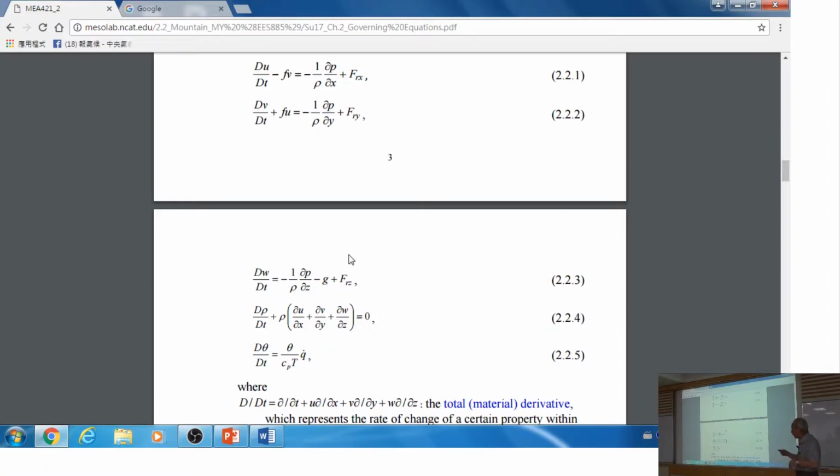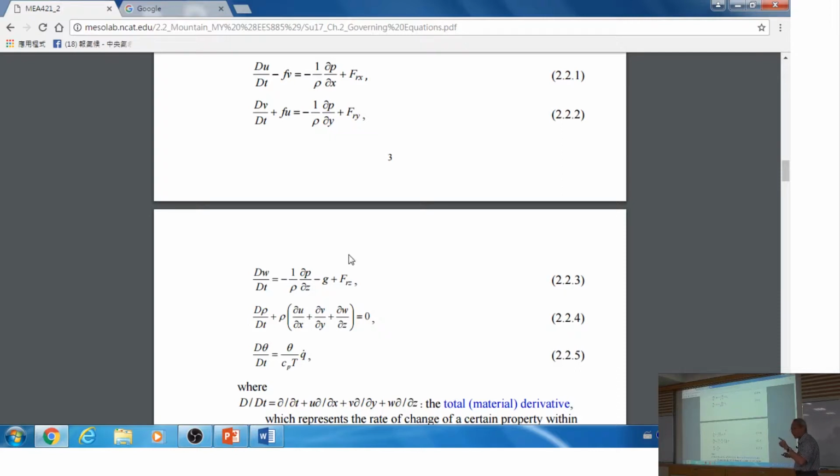But roughly speaking, when you see density rho in this equation, you use rho naught, assuming it is constant. And here you assume constant too. But here, this rho is important.